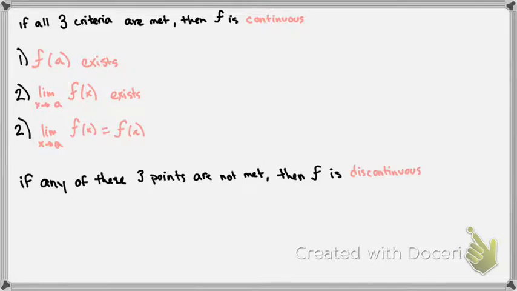And then finally, for number 3, again, the limit as x approaches a of f of x has to equal the point f of a. So basically that means the limit, let's say at x equals 1, has to be the same as the true y value at x equals 1. So we'll look at some examples.